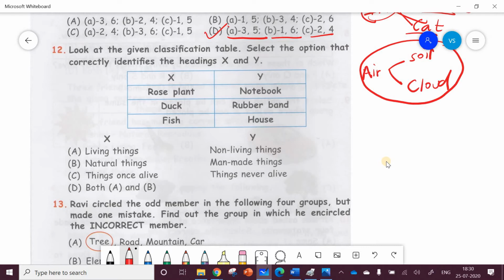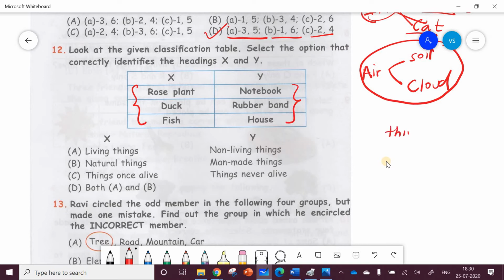So can you explain to me what the question is about? What are they asking you? That there is a table. Yes. And they are saying select the option that correctly identifies the headings X and Y. So what they are saying is we need to find out which type of things are there in X and which type of things are there in Y.